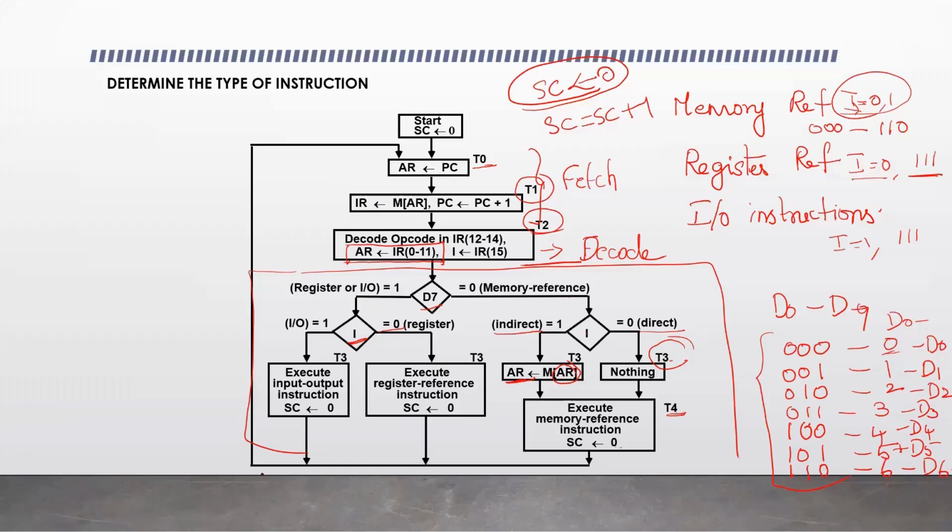So the control goes back to the first step, taking the address from PC and moving it to the address register AR. Control goes to that step and SC is cleared. So again the timing starts from T0, and it gets incremented for every step. This is how, for every instruction, these steps are done and the instructions are executed.